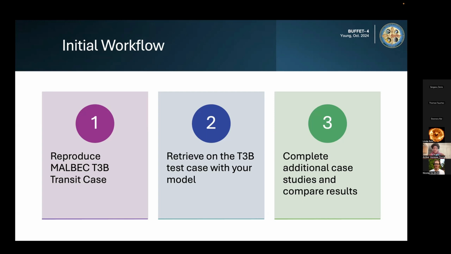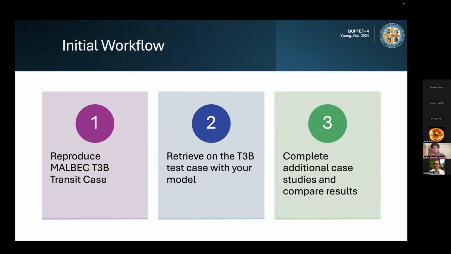And we're asking the community to run this with your own model defaults. Don't make any adaptations to the retrieval analysis. Use your best judgment and approach to the retrieval. We give hints in terms of what retrieval parameters to include based on the spectral features that are indicative of that particular planetary case.